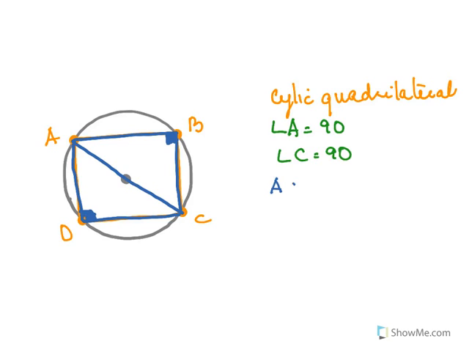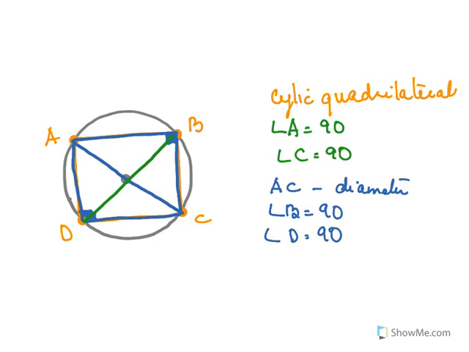So AC is diameter, so angle B equals 90, and angle D is also 90. Earlier we said this was 90 and this also was 90, so all the angles are 90. It is a rectangle. This is 90, this is 90, 90, 90. It becomes ABCD is a rectangle.